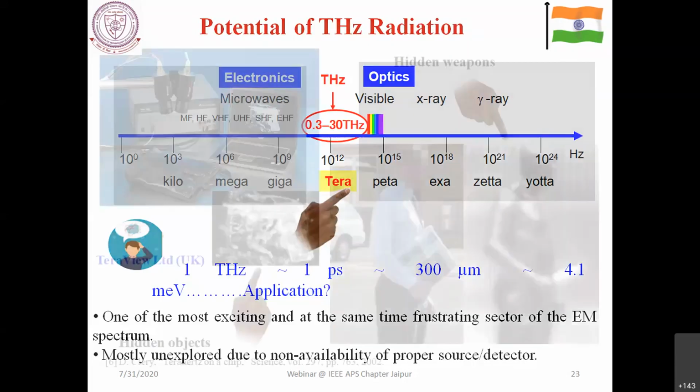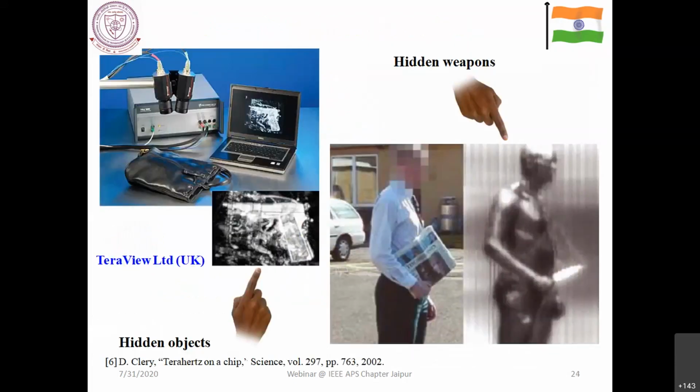And you can have certain applications. For example, you can see over here that a gun has been hidden inside this bag, or this person is carrying a knife beneath this newspaper. So hidden objects can be easily detectable.